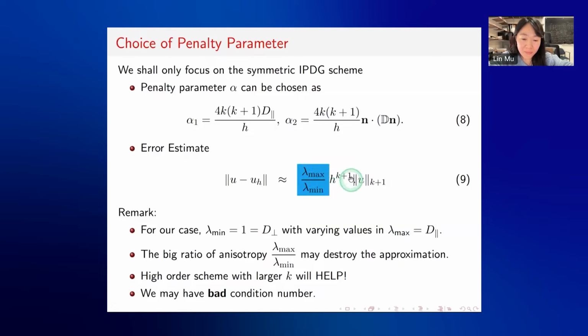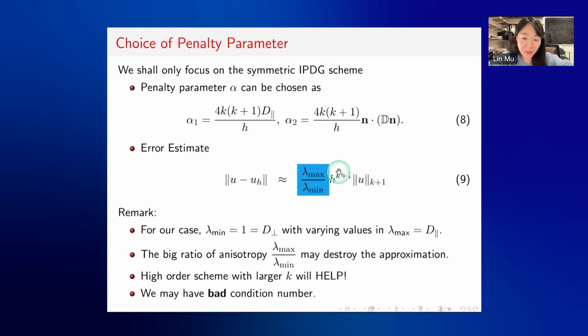Because the error is big, that means the numerical solution actually is far away from the exact solution. In order to get a very accurate numerical approximation, we can think if we reduce the value of h, this one will be smaller, and the product of a big constant times a smaller value may help a little bit.